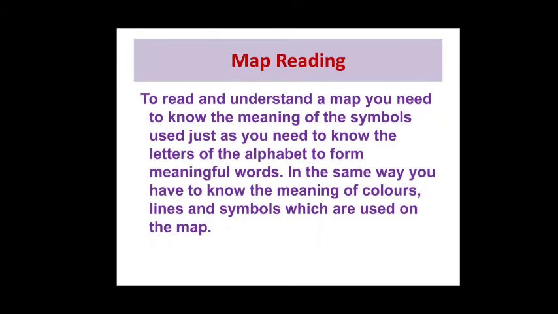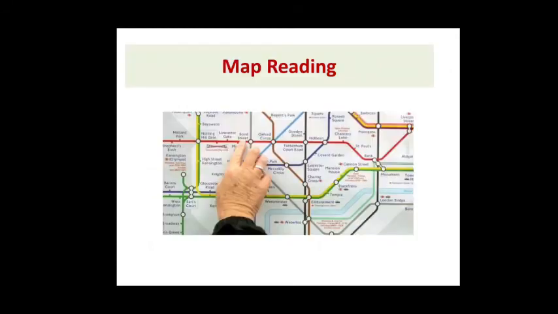In the same way, you have to know the meaning of colors, lines, and symbols which are used on the maps. Sometimes there is an arrow mark from district to district, and some show directions, some show degrees also. In the northern side, which degrees it covers, all that information can be given to us.